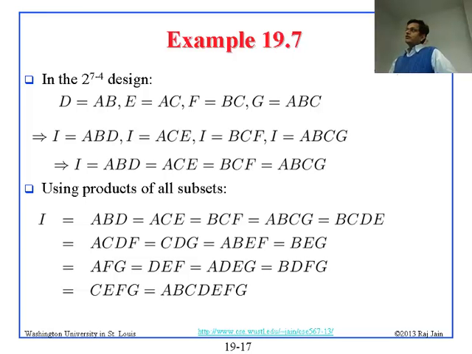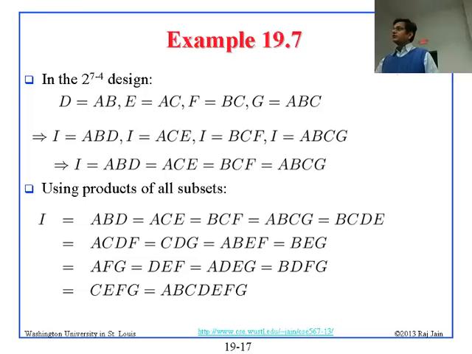D square is equal to ABD, which means I equal to ABD. D square is 1. So we get I equal to ABD, I equal to ACE, I equal to BCF, I equal to ABCG. That means all of these things are confounded together. I includes not only itself but ABD, ACE, BCF, ABCG. So the third order and the fourth order interactions are confounded with the mean.